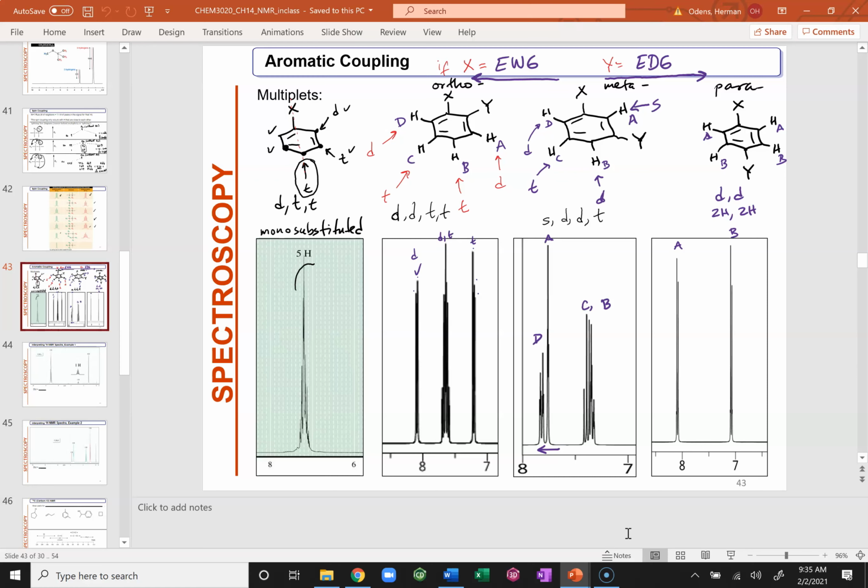And so we learned that ortho will produce a doublet, triplet pattern. The meta will produce a singlet, singlet, doublet, triplet pattern. And the para, which is the easiest to spot, will produce a doublet pattern, which will integrate for 2 hydrogens each of those peaks.